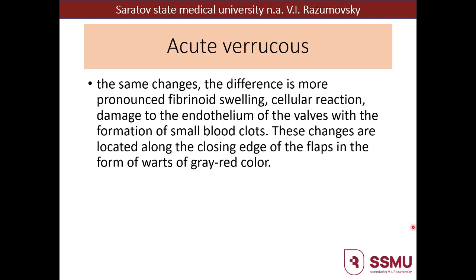The formation of blood clots is a special manifestation of this stage, and it will lead to special outcomes like embolism and formation of endocardiac thrombus and so on. These changes are located along the closing edge of the flaps in the form of warts of gray or red color.